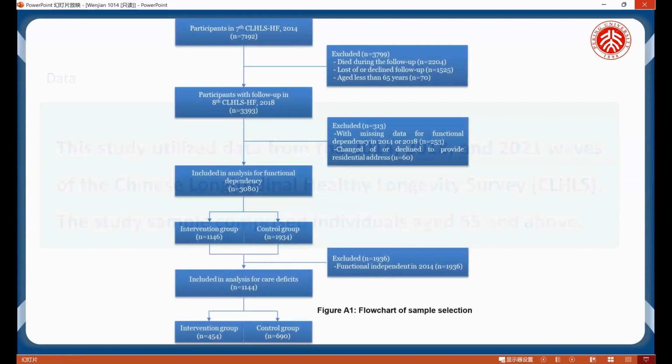This is a flow chart of the sample selection. In the analysis for functional dependency, the sample size is 380. In the analysis for care deficiency, the sample size is 1,144.